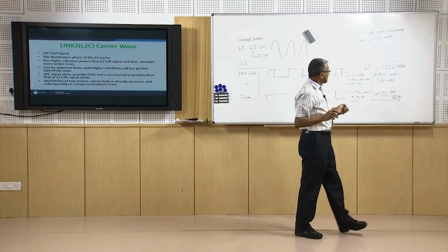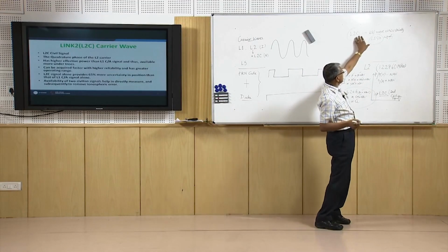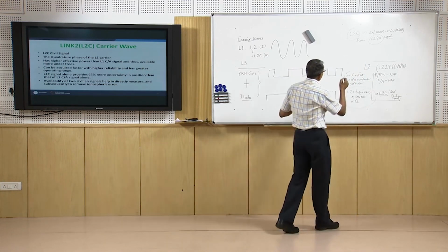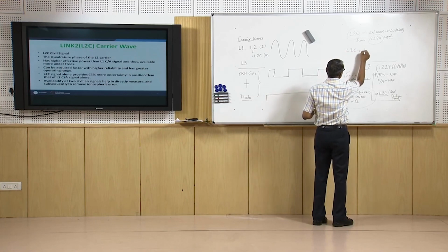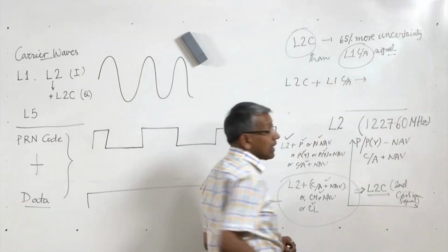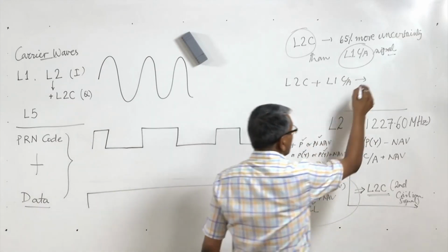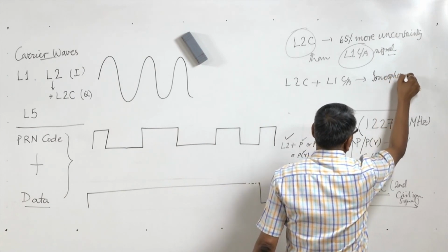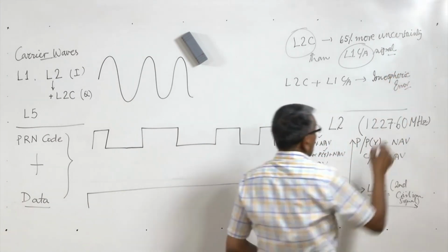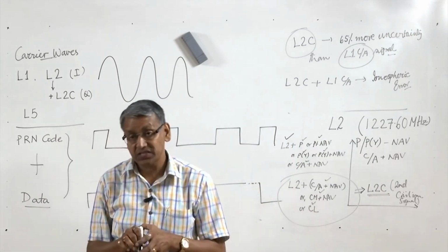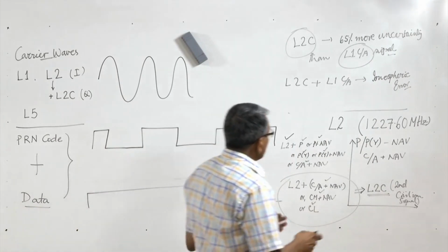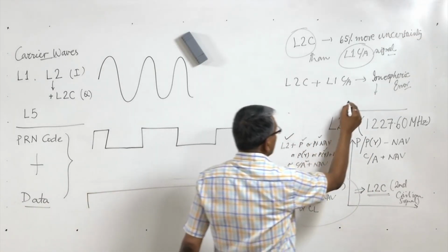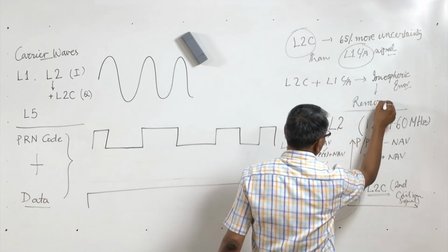Of course, if we have the capability to capture both of them, then that will be still better, because L2C plus L1 CA, both will provide us the measurement for ionospheric error, which is the worst type of error available in GPS signal, and once we can measure the ionospheric error, we can remove it from our measurement.